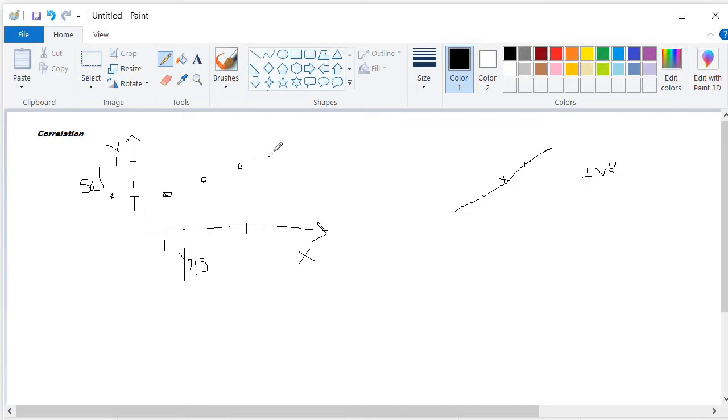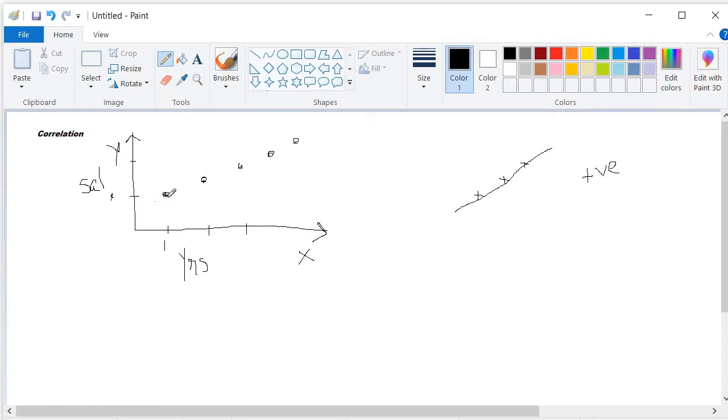Similarly, this will keep on increasing. It means as the variable on the x-axis increases, the variable on the y-axis also increases. See over here, this one increases, and this also increases.